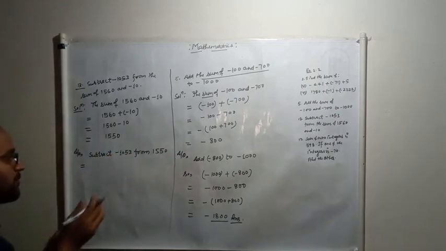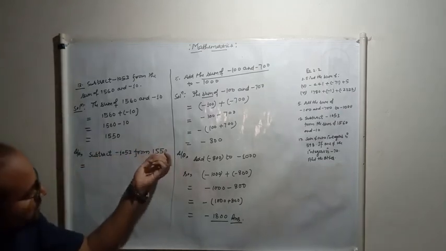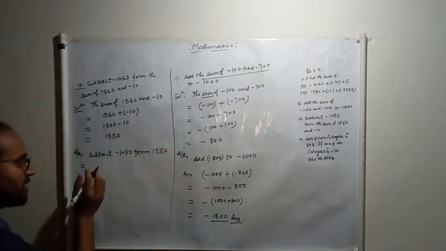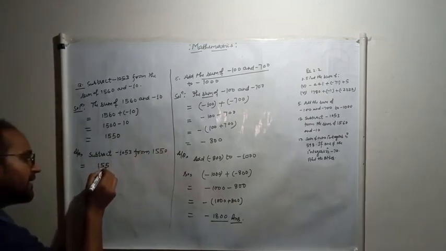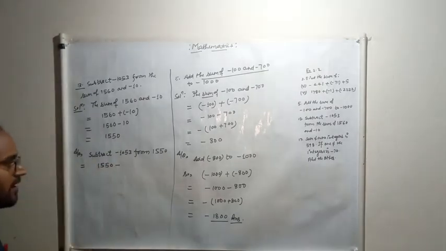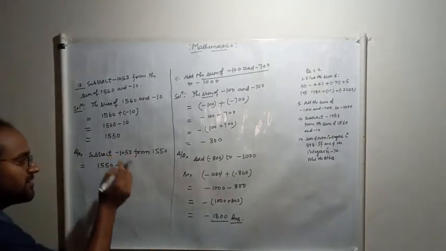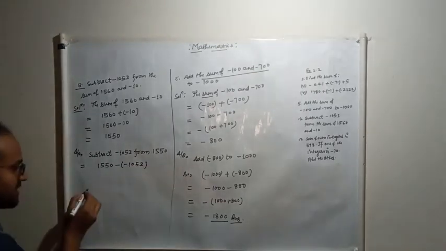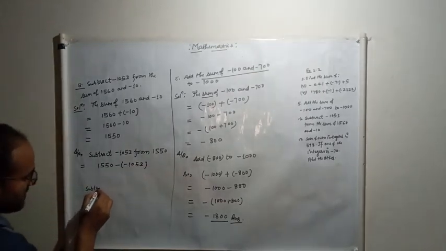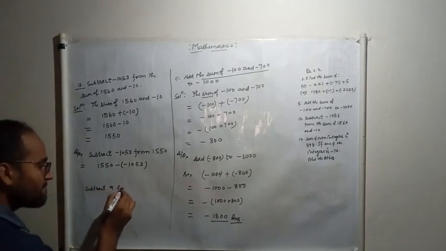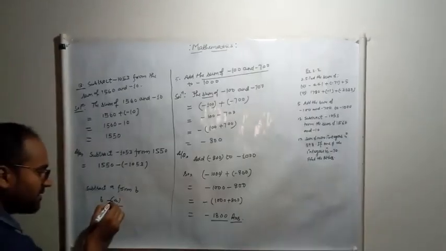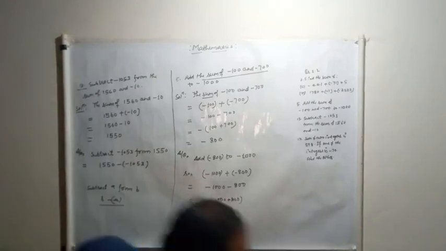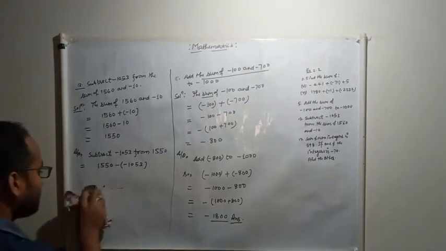So if you are subtracting this one from this, first we write the sum, 1550, in first place, and then put the negative sign, and then this quantity, because it is a minus, so I'm going to write it in a bracket. Students, if it is written that subtract A from B, it means that first we write B, then minus A, simply. And if it is a minus, then we write it in a minus bracket. Okay, students.